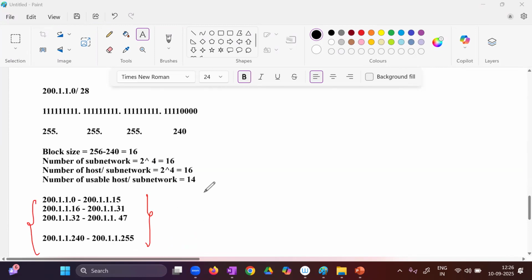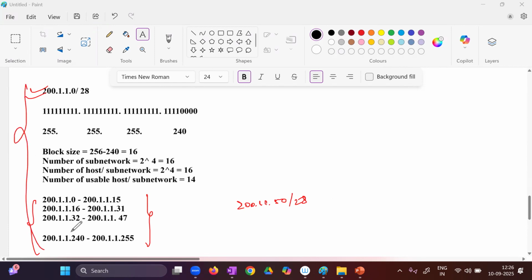If anyone is asking you to tell me the number of subnetworks, this method is correct. But if anyone is asking you, tell me what is the network address for the IP 200.1.1.50/28. Someone has given you one IP 200.1.1.50 and /28, and he is asking, tell me the network address for this IP.